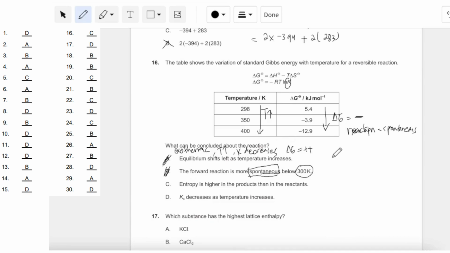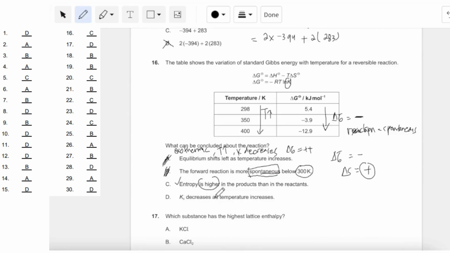So if delta G is more negative, of course delta S, the entropy, will be positive. As you know, when temperature increases, disorder increases. Particles move very fast, so entropy will increase and be positive.